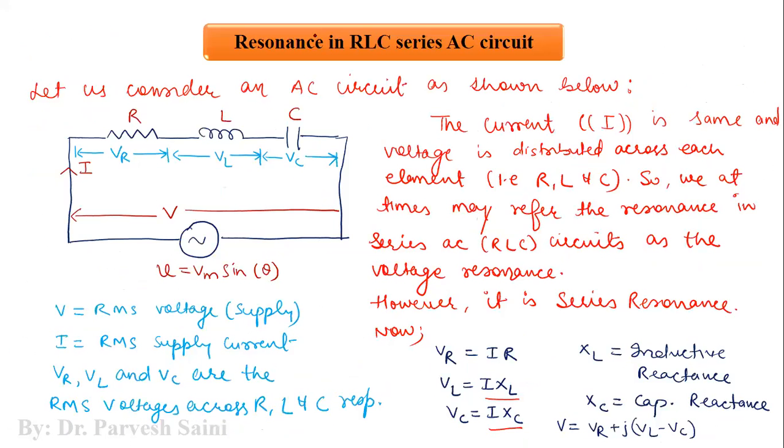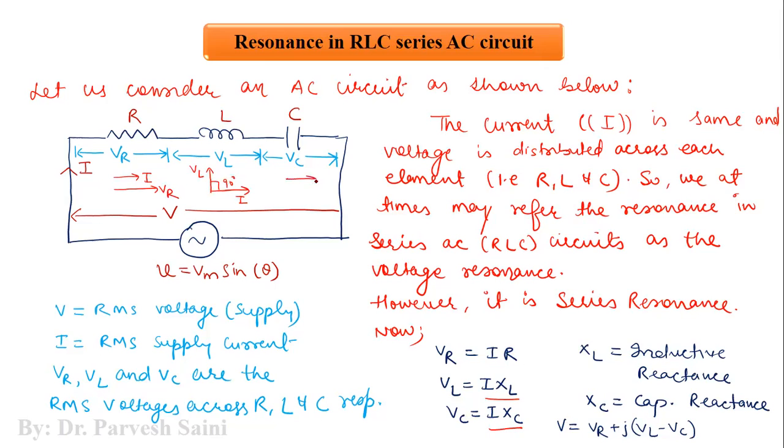Now let us talk about the phasor diagram at resonance. For this, we need to go back to the circuit. We know that in the resistance, the current I and the voltage VR are in phase. In the inductor, the voltage VL leads the current I by 90 degrees.